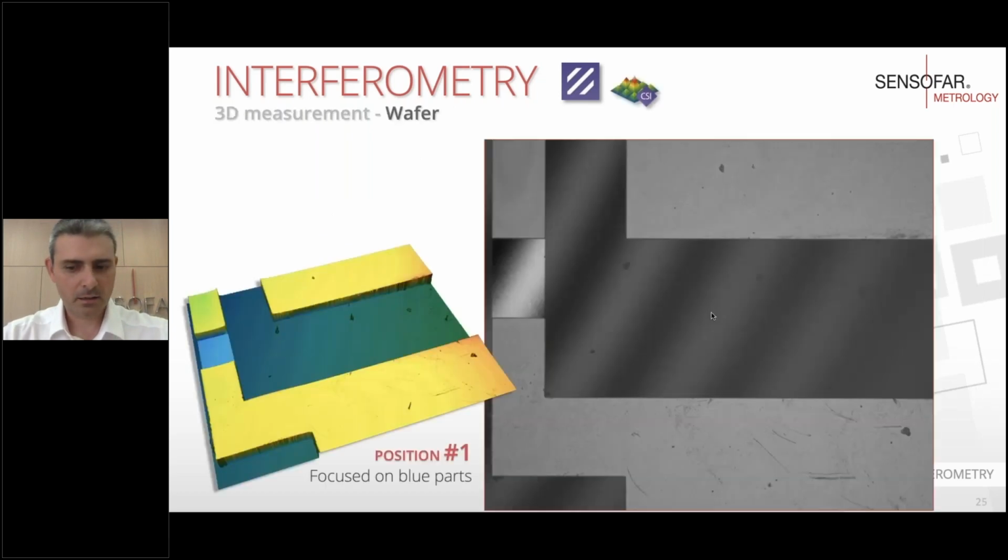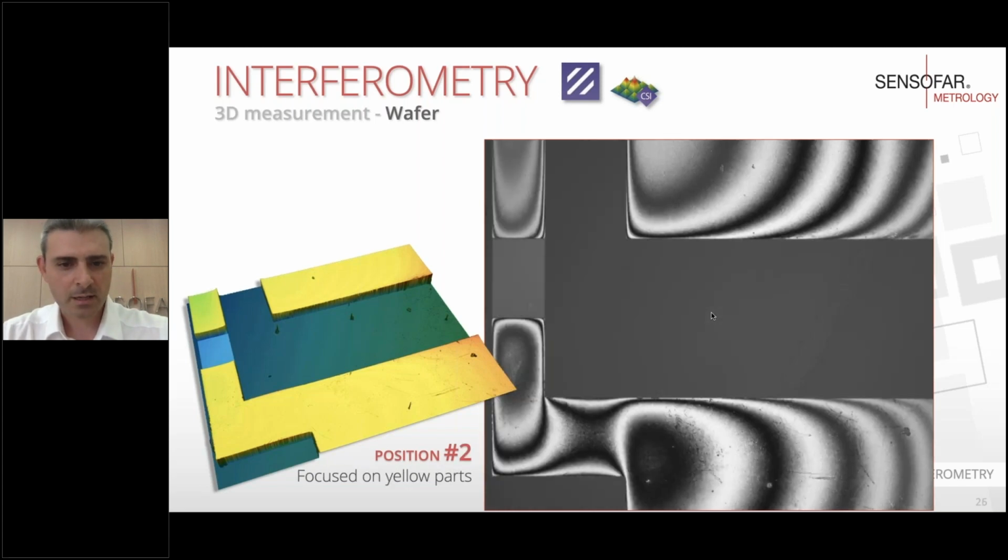So that is a set of images showing how it works. This is a three-dimensional surface measured with white light interferometry, in which we are now seeing the interferogram on the bottom focus. That will be the interferogram seen on the top of that structure. You can see, because of the white light properties, that there is no information on the bottom now.